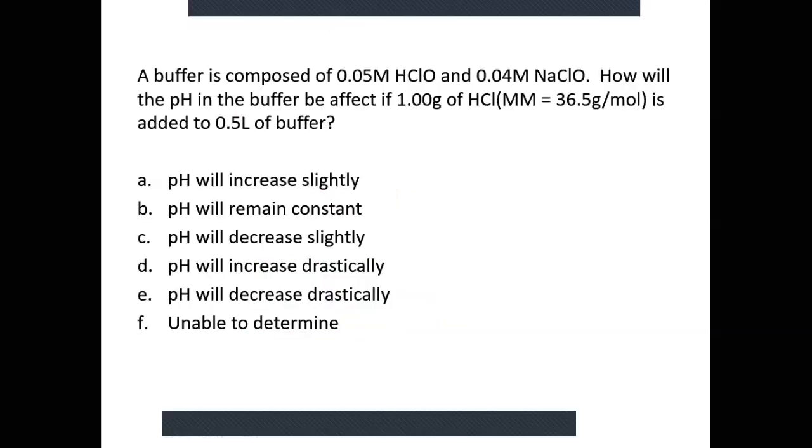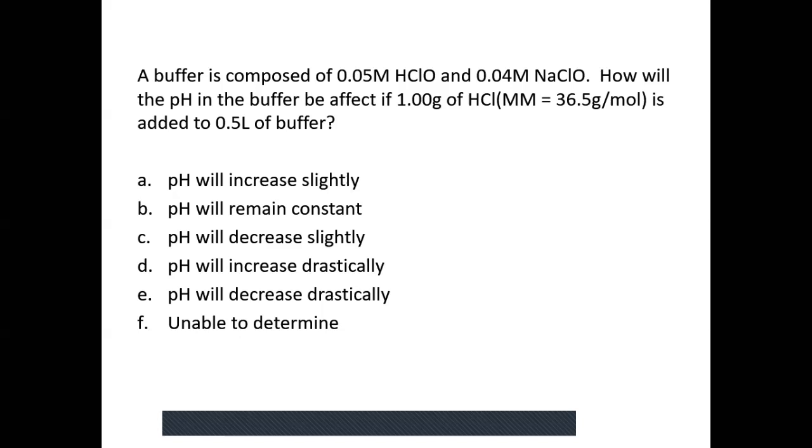So here we have a buffer composed of 0.05 molar HClO and 0.04 molar NaClO, so sodium hypochlorite. How will the pH of this buffer be affected if we add 1 gram of HCl to 500 milliliters of this buffer?